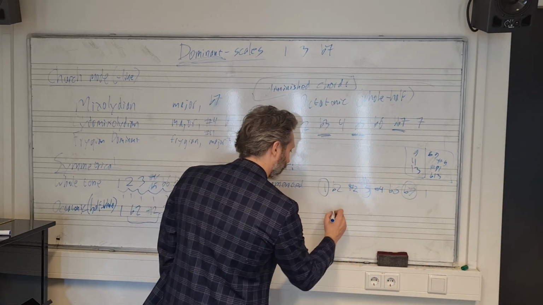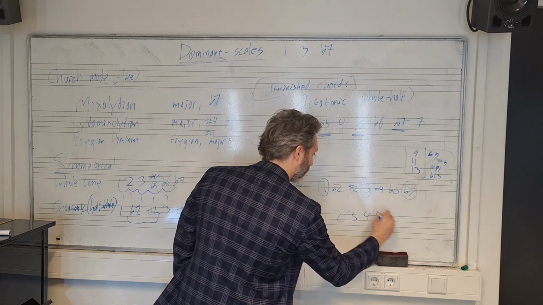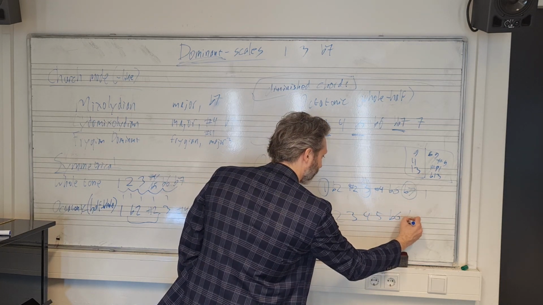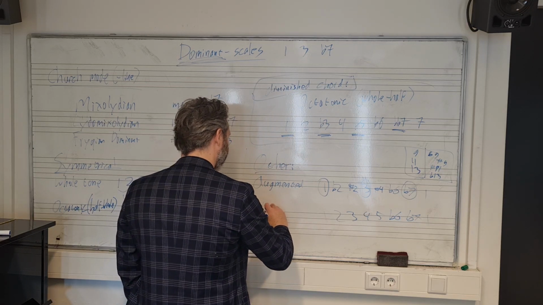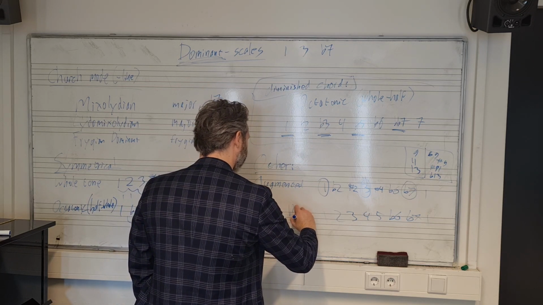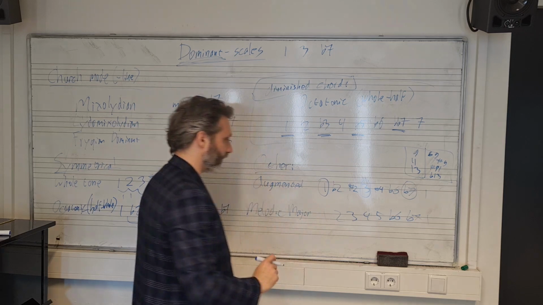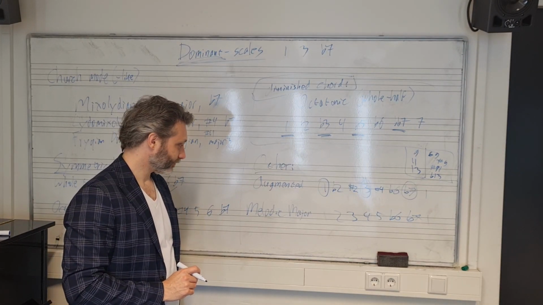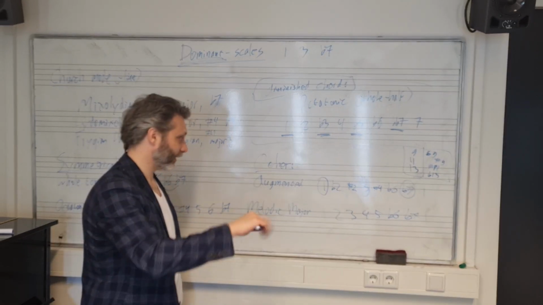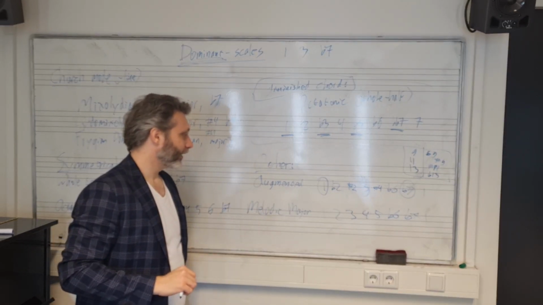So we got 1, 2, 3, 4, 5, minor sixth, minor seventh. This is called melodic major. And we will come back to the scale in a later video, because it's used to extrapolate harmony as well.